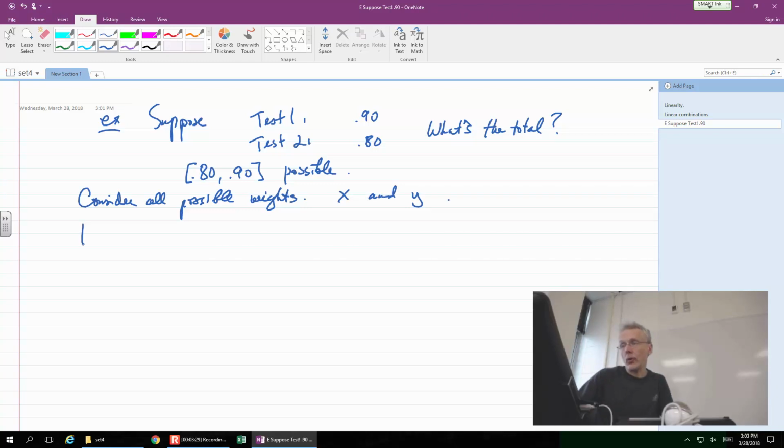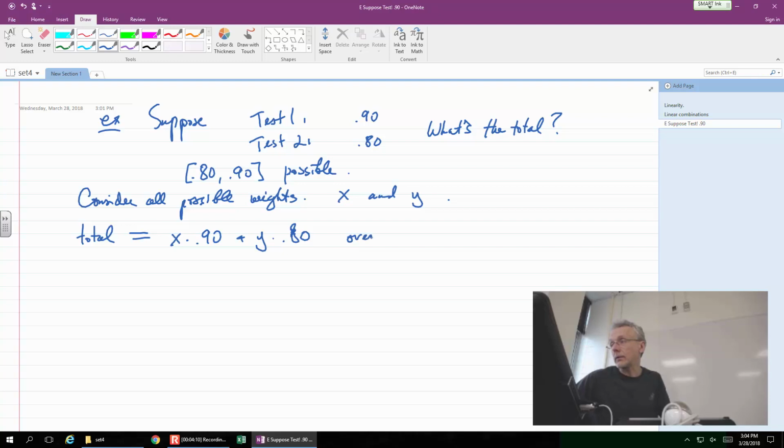Then the total you want to find will be x times test 1 plus y times test 2. If you know x and y, that's how you would compute the total. But since you don't know, you consider all possible x's and y's.